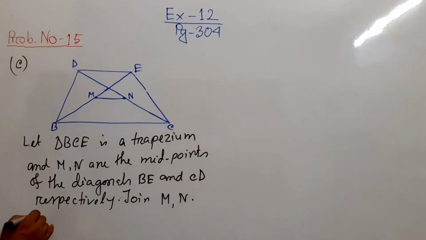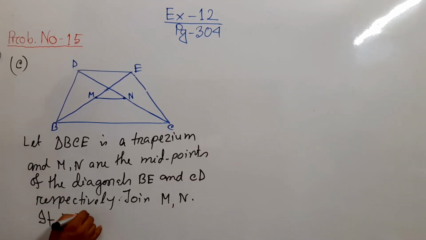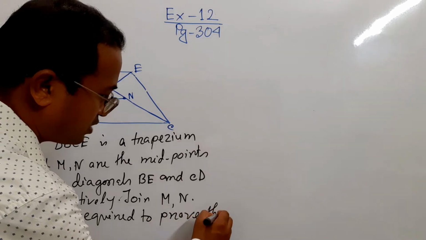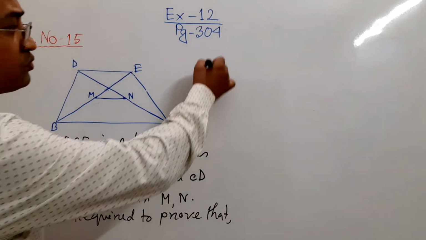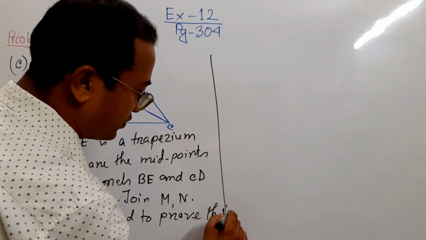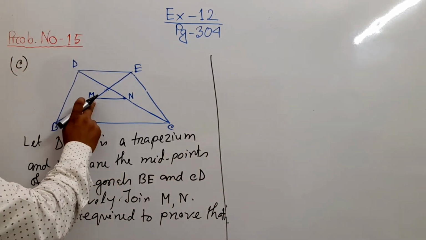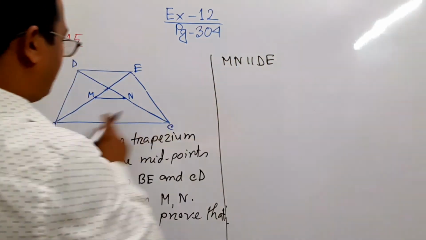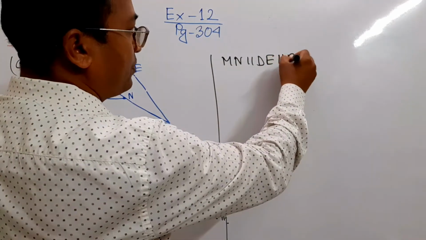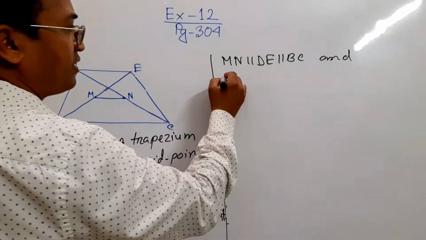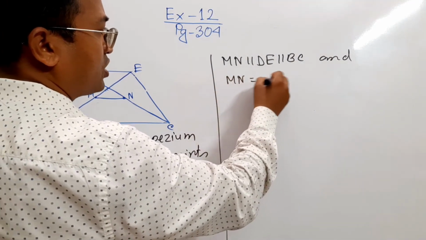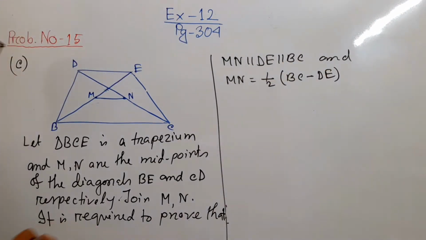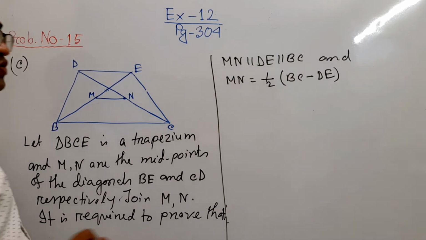It is required to prove that MN is parallel to DE, parallel to BC, and MN is equal to half into BC minus DE. We will prove this. So let us start the proof.